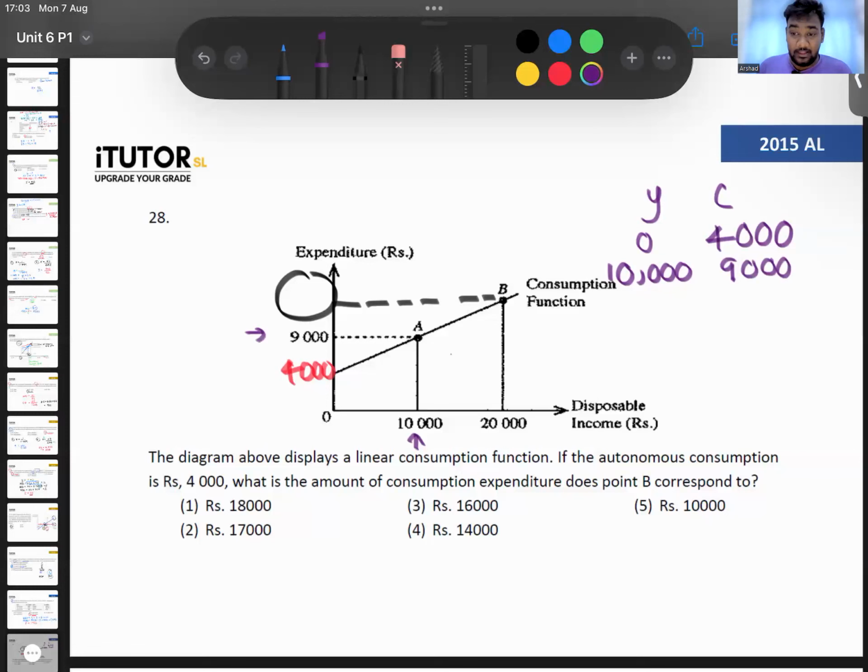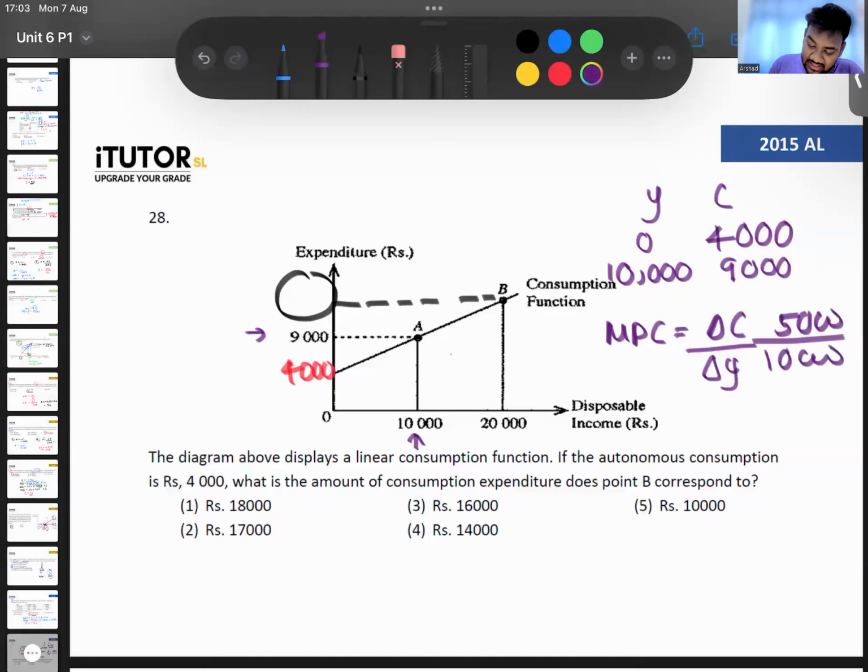Based on this, can you tell me the MPC? See, MPC is change in consumption divided by the change in income. How much do you get? Change in consumption 5,000, change in income 10,000, MPC 0.5.